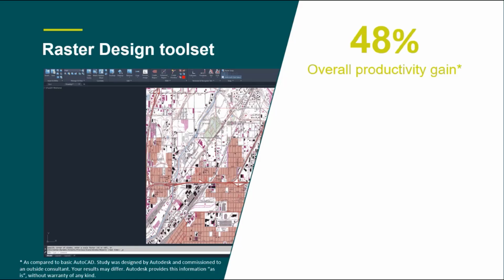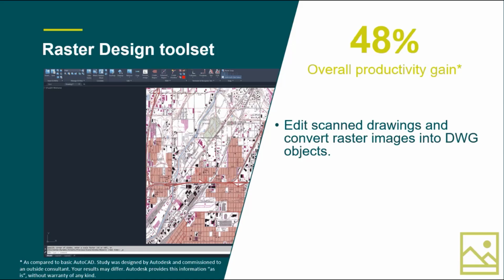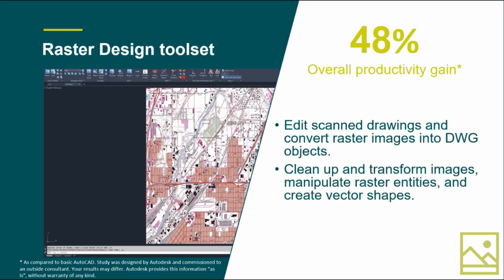So quickly you can edit, clean up, and transform the images, manipulate your raster entities like images, lines, arcs, and circles, and create your vector shapes like lines and polylines.